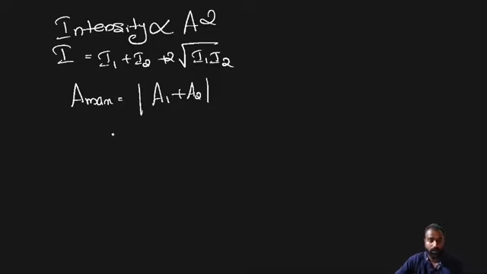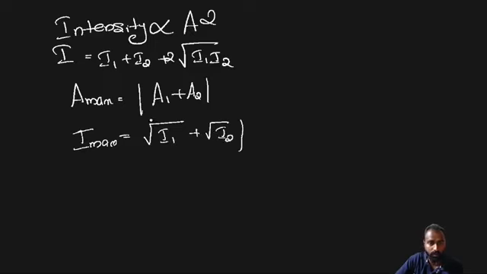Then I max is the square of root of I1 plus root of I2, because this is the square of root of A1 plus root of A2.